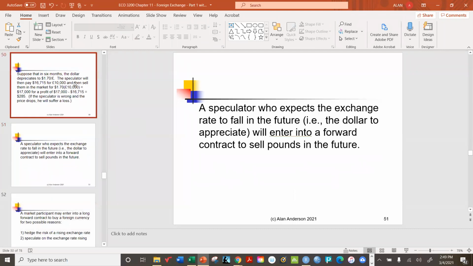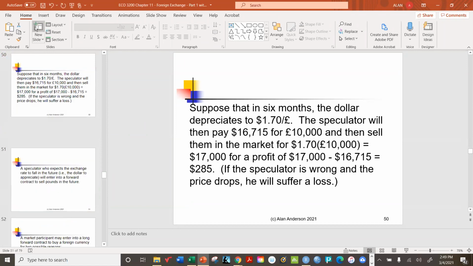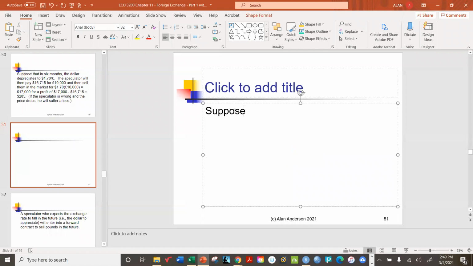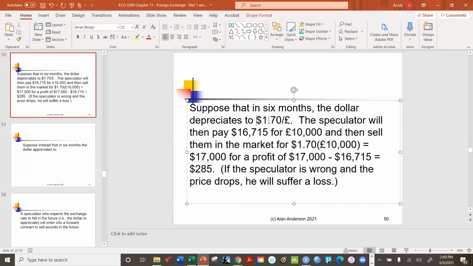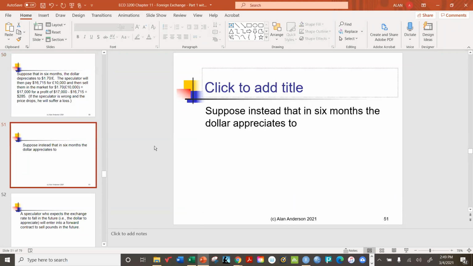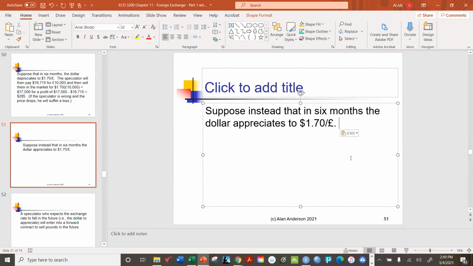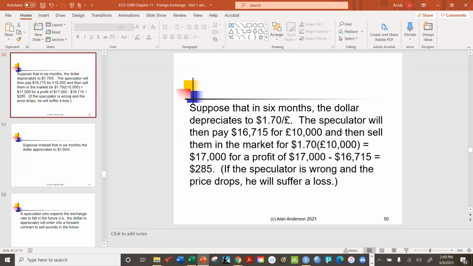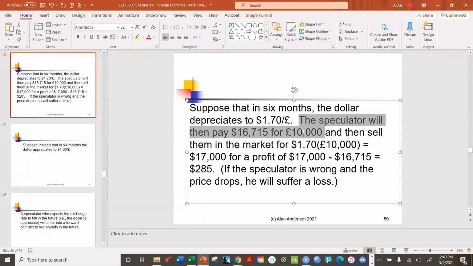Ooh. In fact, let me throw that in here as a supplement to this example. Suppose instead that in 6 months, the dollar appreciates to $1.60 per pound. Now that hurts because he's obligated to buy those pounds for the price he agreed to, which is $16,715. And he doesn't need the pounds either.